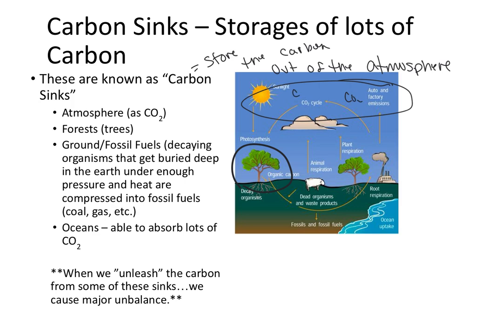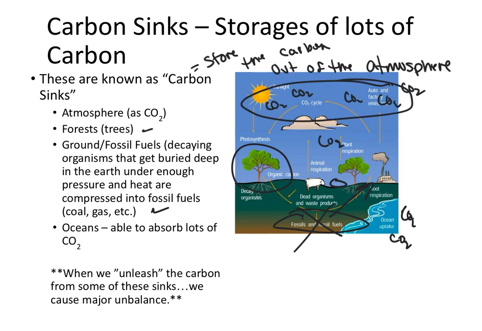Now, one of the problems is that this sink is growing, whereas the other sinks like trees, fossil fuels, and oceans, well, they store the CO2, but unfortunately, we are burning those fossil fuels, so that's becoming less, and so we're adding more CO2 to the atmosphere. We're adding more animals, that's going to produce more CO2.